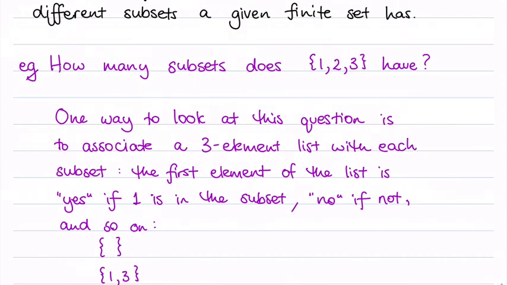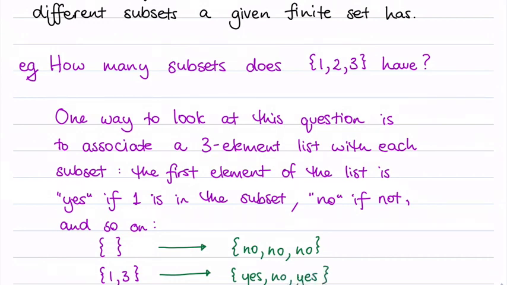So for example, if we consider the empty set, then its list would be no because 1 isn't in it, no because 2 isn't in it, and no because 3 isn't in it. On the other hand, if we consider the subset 1, 3, then its associated list would be yes because 1 is in it, no because 2 isn't, and yes because 3 is.